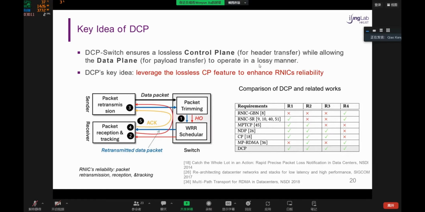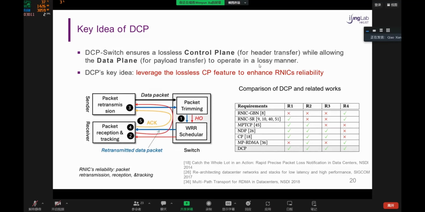I see. Based on the paper, from the legend of your experiment results, I didn't see a comparison with NDP or CP. Did you by any chance do any comparison with them? Maybe not in the paper.